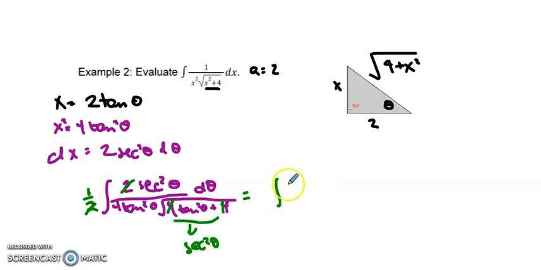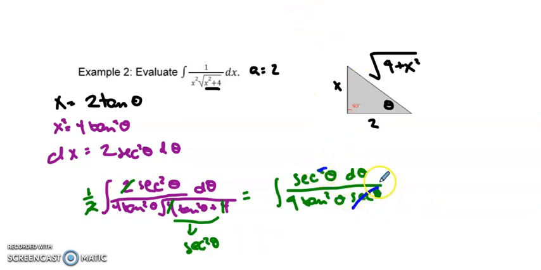So let me rewrite this simplified. I have secant squared in my numerator, and in my denominator I'll have 4 times tangent squared, and then the square root of secant squared, which is secant. Then I'm going to be able to knock out this secant with one of those degrees of secant right there.